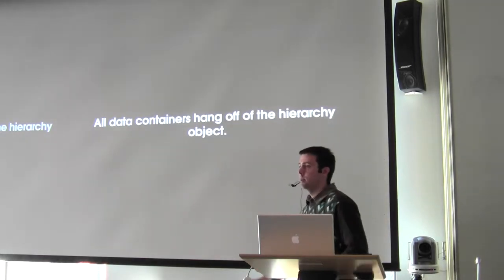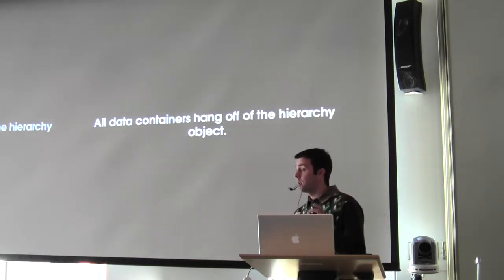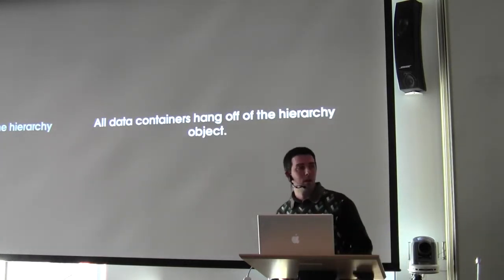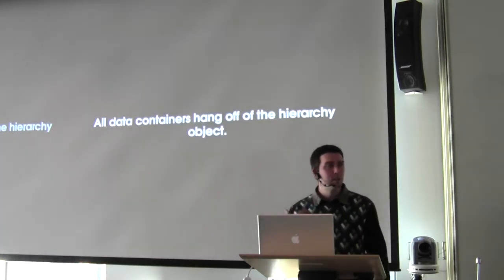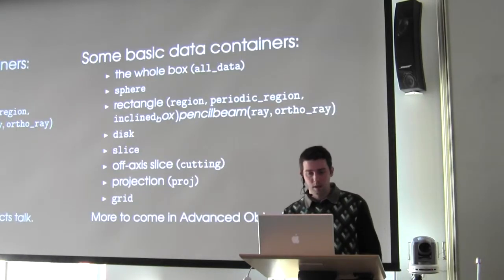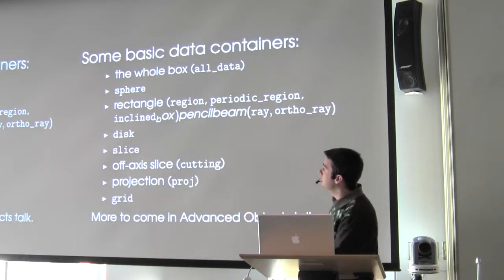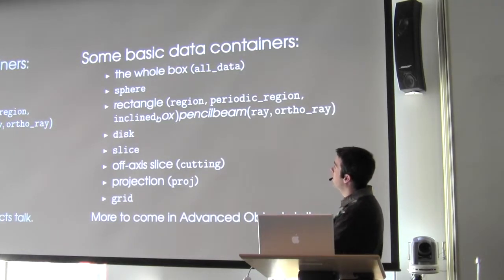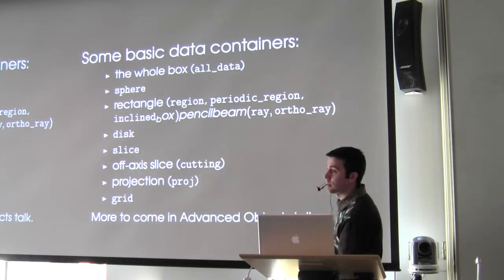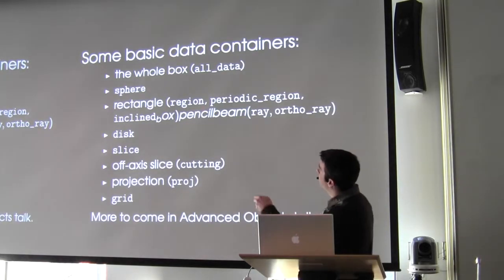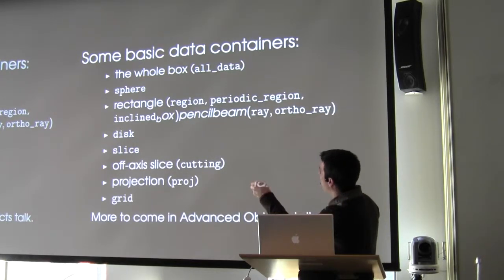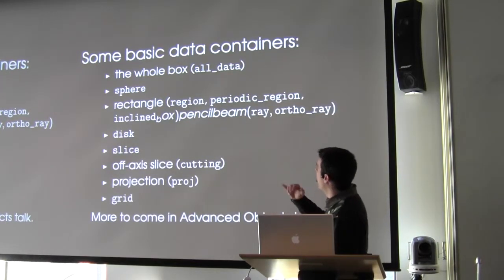What I mean by that is simply, if I have my hierarchy at pf.h, a sphere is pf.h.sphere, and everything like that. A disk is pf.h.disk. Here are some basic data containers that you have access to if you have your pf. You can get the whole box right away if you do pf.h.all_data. You have a sphere. We have various rectangle regions. Unfortunately, that got screwed up a little bit in formatting, but we have a regular region.